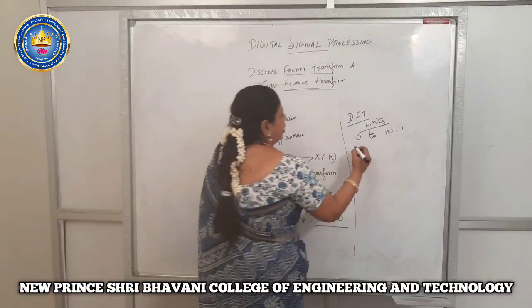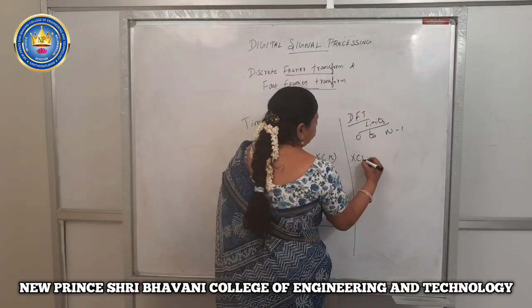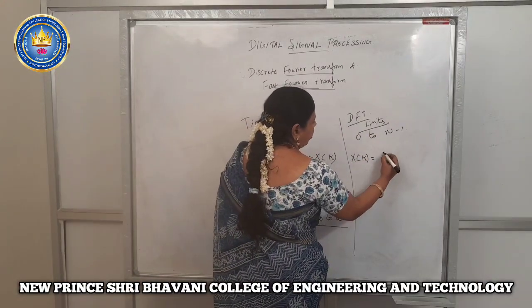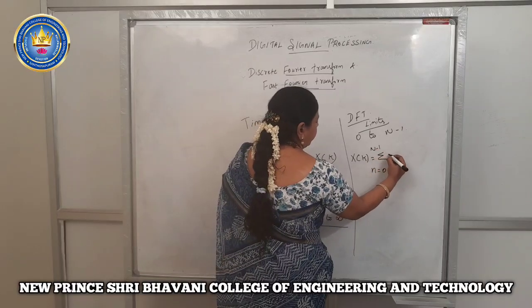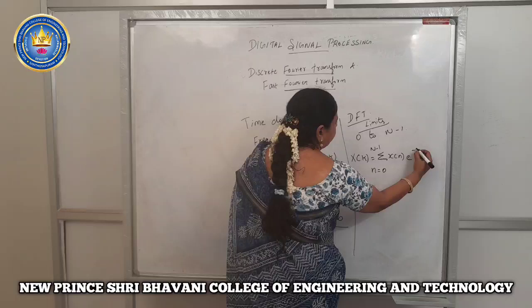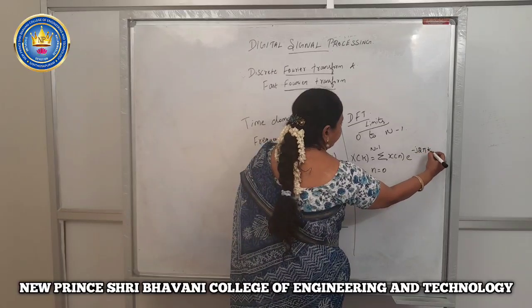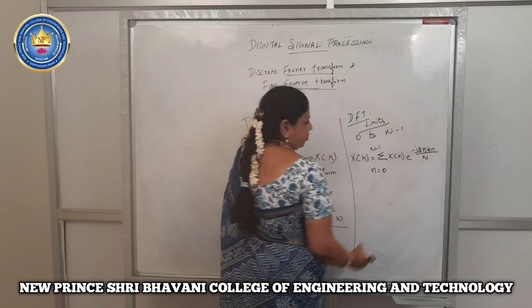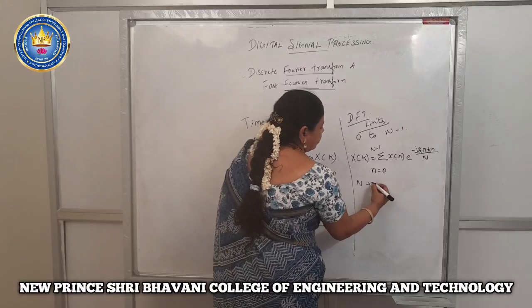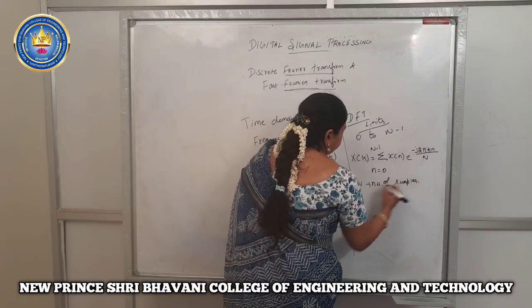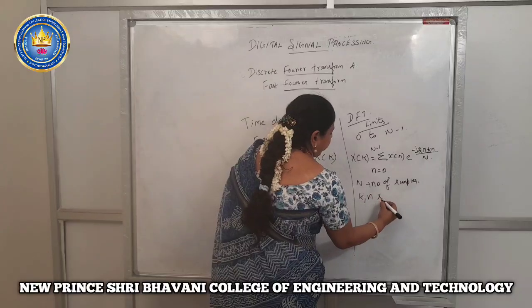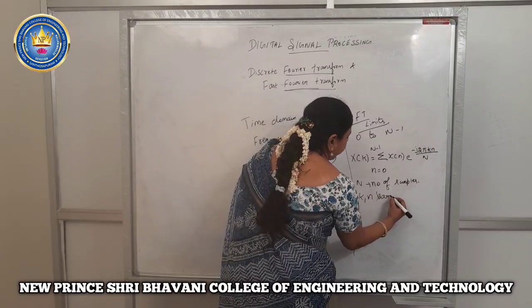Now in DFT, to compute your X of k, the formula is sigma n equals 0 to N minus 1 x of n e power minus j 2 pi k n by capital N, where capital N is the number of samples, and small k and n vary from 0 to N minus 1.